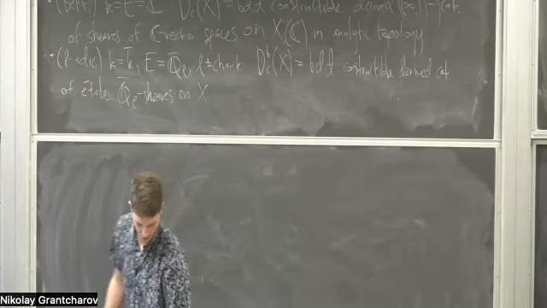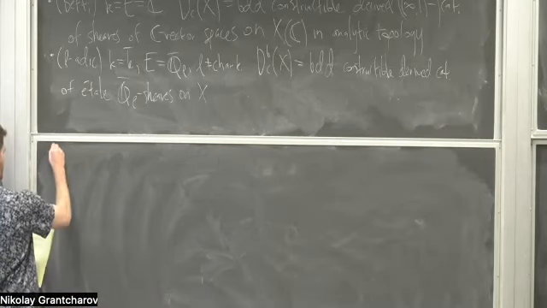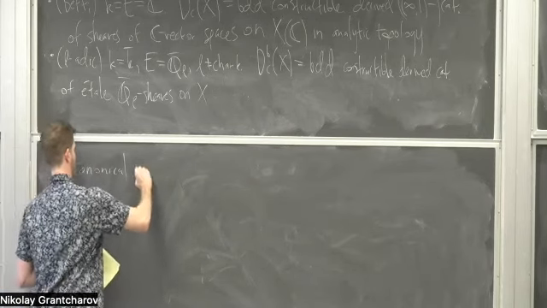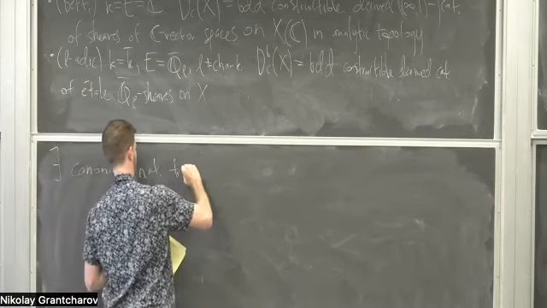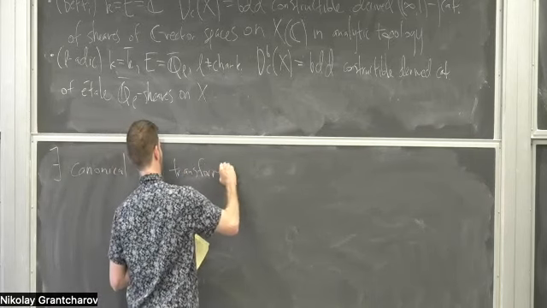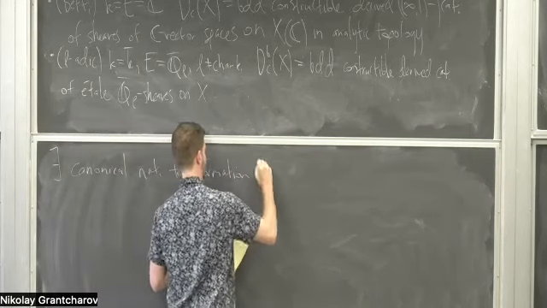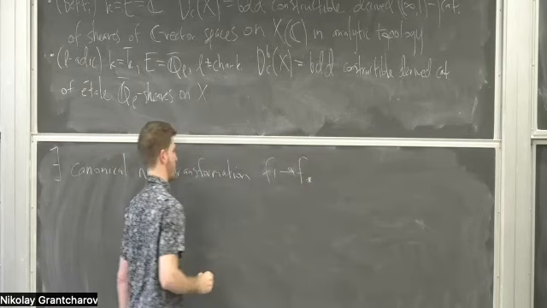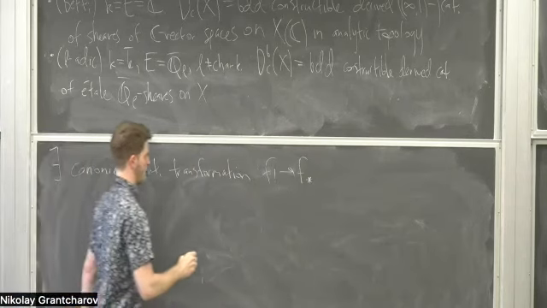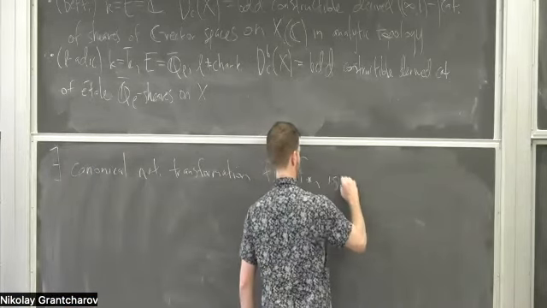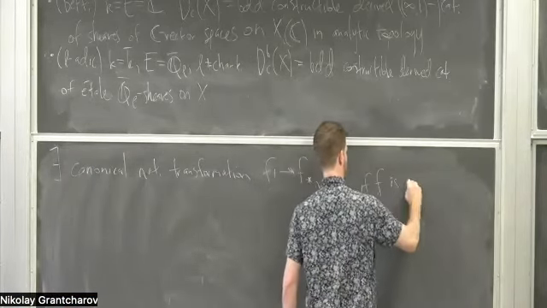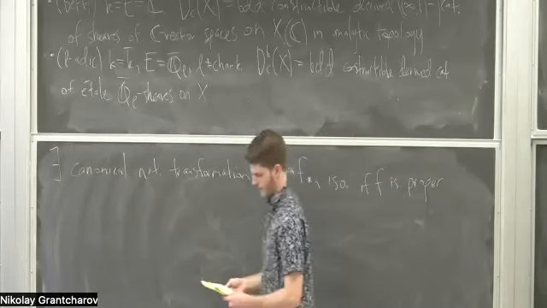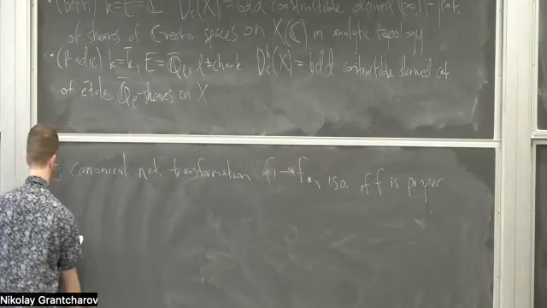But yes, it's true, and that was actually the next thing in my notes. So there exists a canonical natural transformation from f lower shriek to f lower star. It's an isomorphism if f is proper. Maybe that's even an if and only if statement, I can't remember.